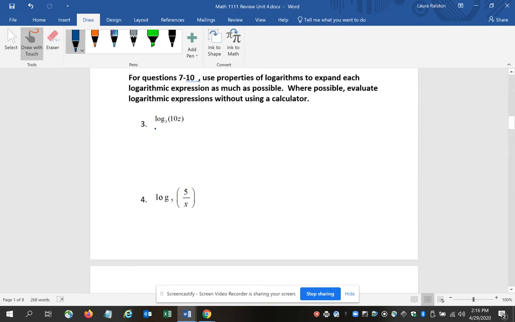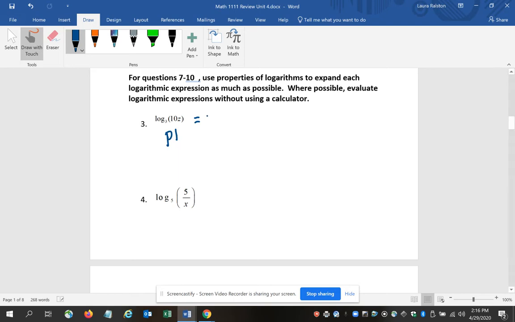So the first one I see is log base 3 of 10z. 10z written side by side implies multiplication. And I remember from property 1, I'll put P1, that multiplication is rewritten as addition.